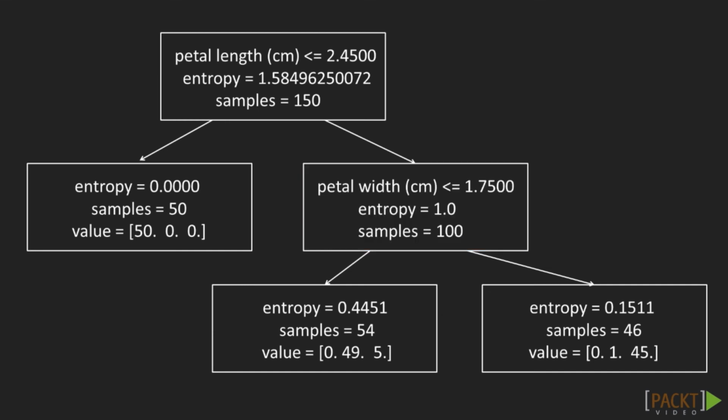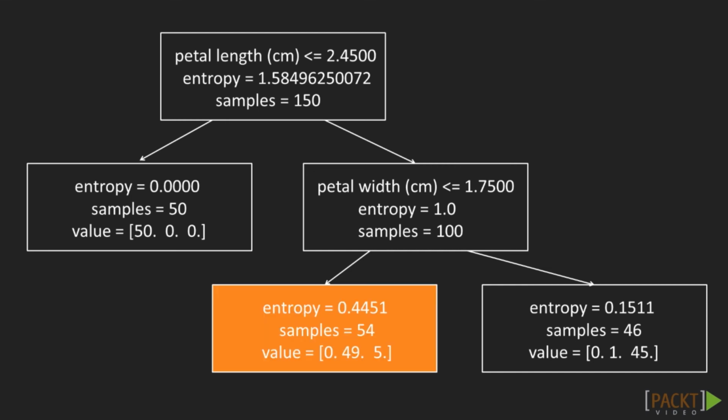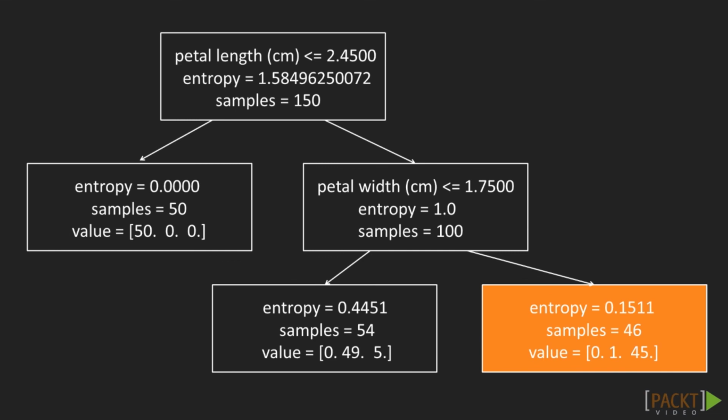The goal is to get as homogeneous groups in the end or leaf nodes as possible. Here, meaning that the samples belong to one species, as indicated by the values array. The rightmost node contains 0 setosa specimens, 1 versicolor and 45 virginica, which is quite a homogeneous classification, so entropy is low.